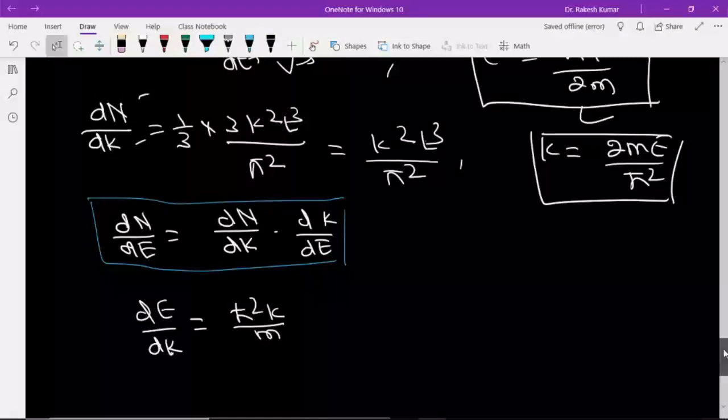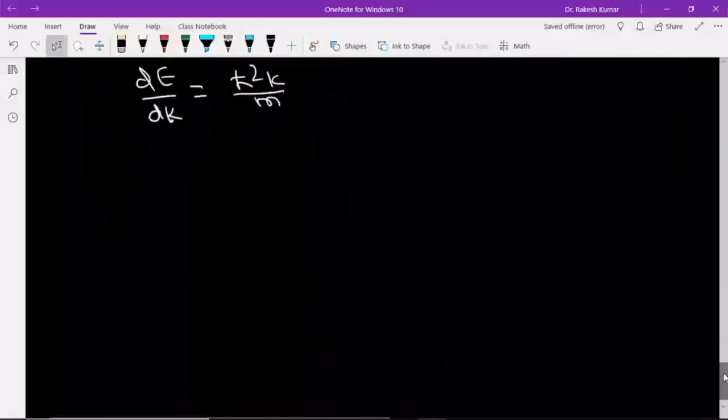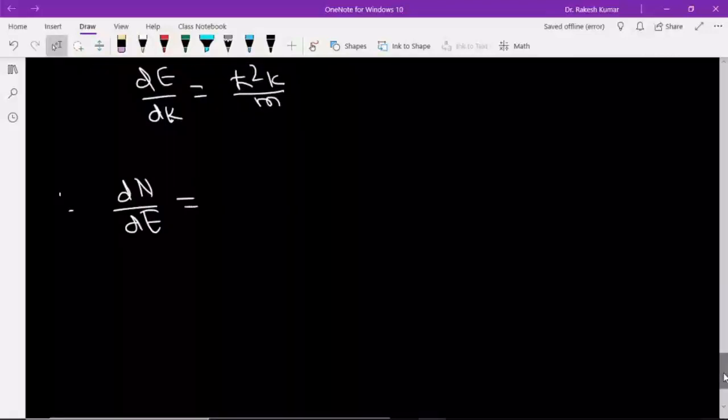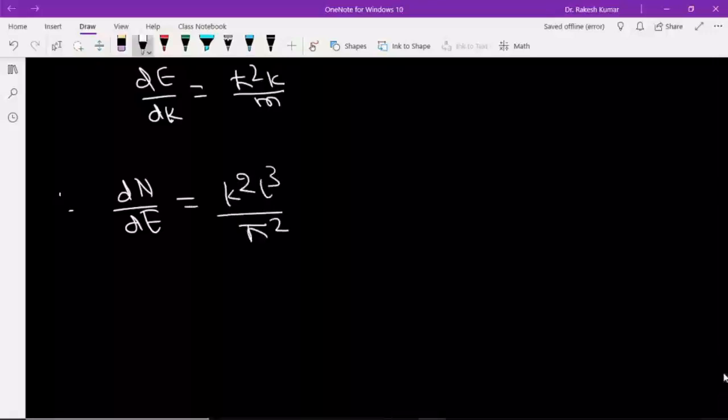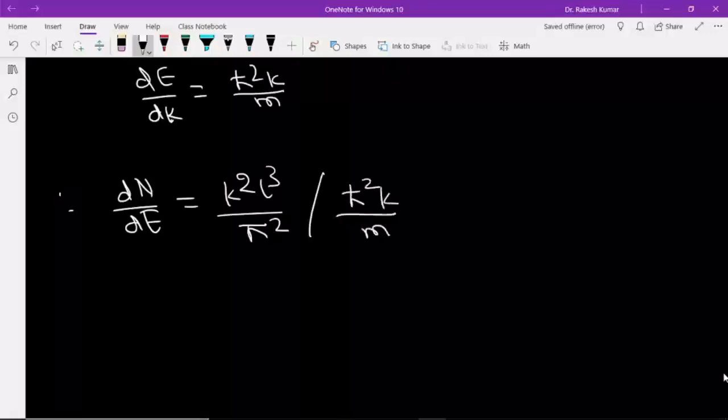So we can determine dn by dE, which is equal to k square L cube by pi square into, dividing by h cross square k by m.